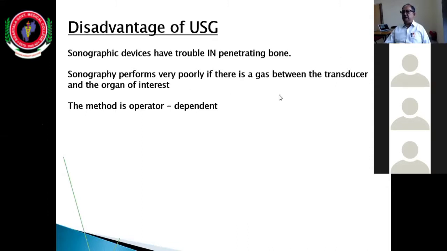And another one is that if there is gas in between the transducer and the organ of interest, then we cannot see the targeted organ properly. So these two are the major disadvantages of ultrasonography. And another one is that it is operator dependent. The quality depends upon the skill of the operator.